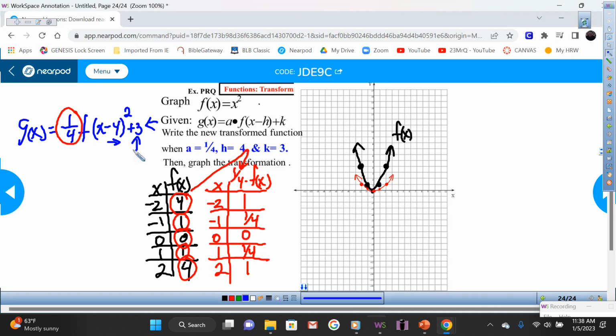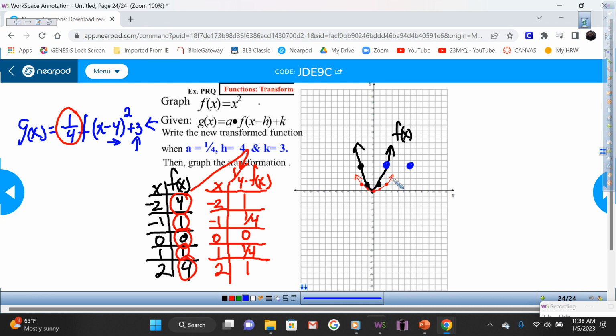All right. What's left? The only thing that's left is 4 to the right and 3 up. So let's do that. We'll start with this one right here. 1, 2, 3, 4. 1, 2, 3. This one. 1, 2, 3, 4. 1, 2, 3. The halves. The fourths. 1, 2, 3, 4. 1, 2.